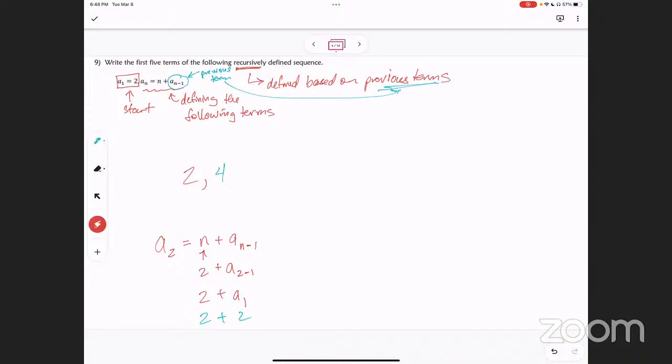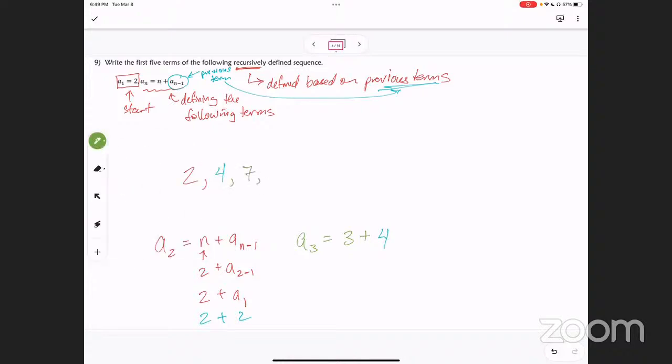Now what do I do to find the next term? You do 3 plus 4, right? I'm going to try to color code these things. So a sub 3 is going to equal 3 plus 4, because that's your previous term. And what's 3 plus 4? 7.